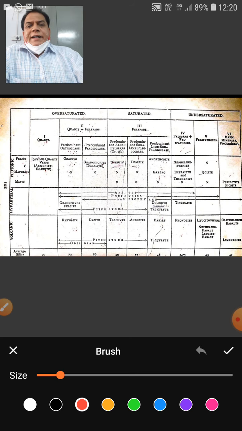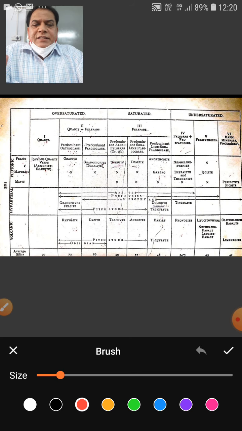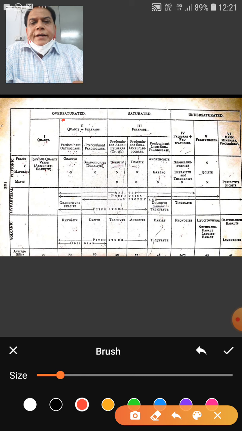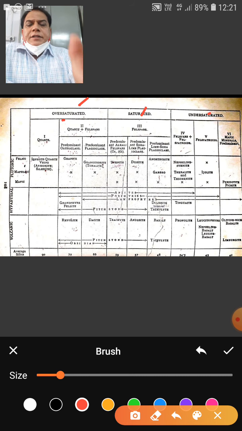So once again I repeat that in the tabular classification, G.W. Tyrrell has taken into consideration the different individual bases together. You can see at the top oversaturated, saturated and undersaturated. This is broadly into three columns.